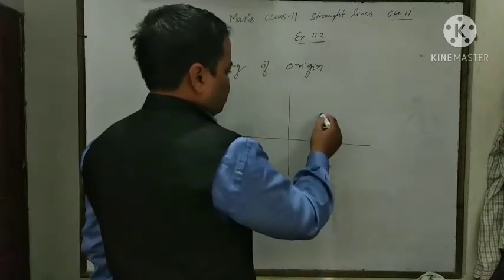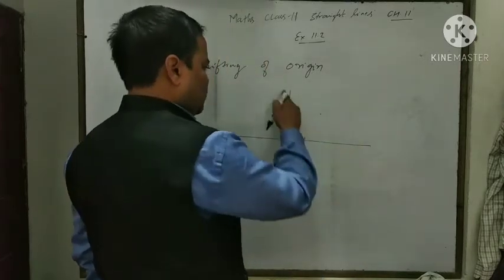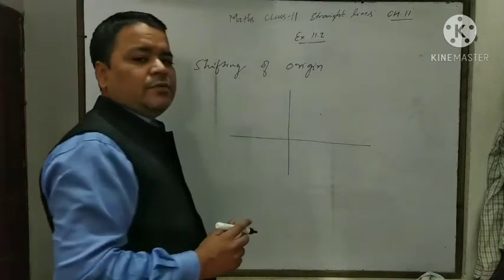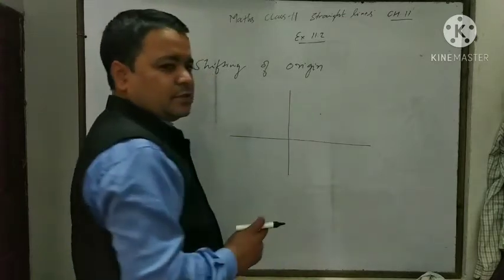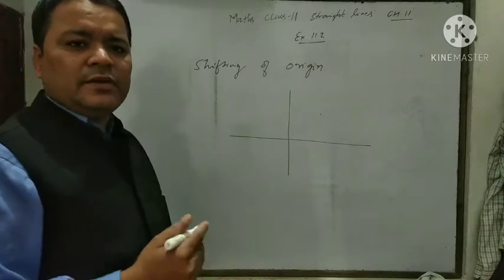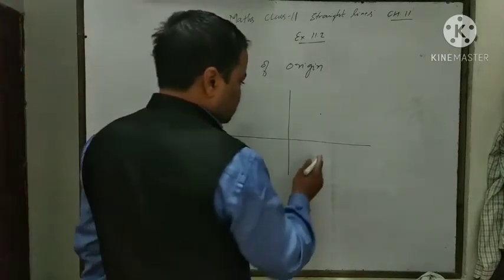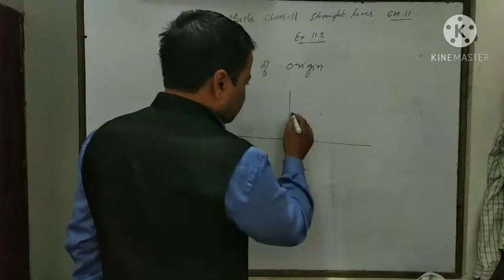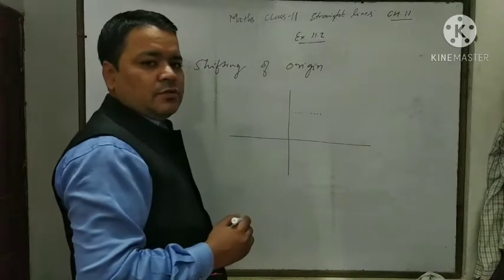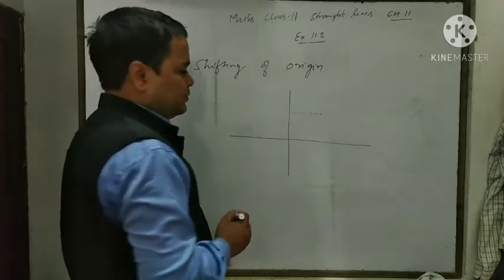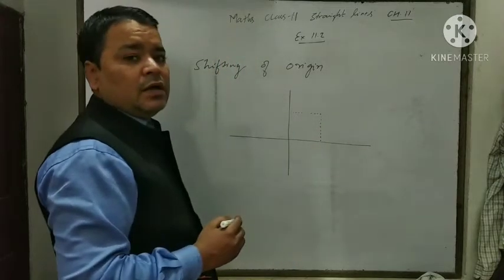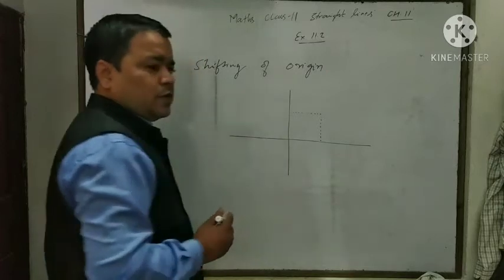Dear student, if this is any point on the x-axis and y-axis, and we want to write its coordinate, then what do we do? First we write its x coordinate and then y coordinate. We first find this distance, which is the distance from the y-axis, and this distance from the x-axis.